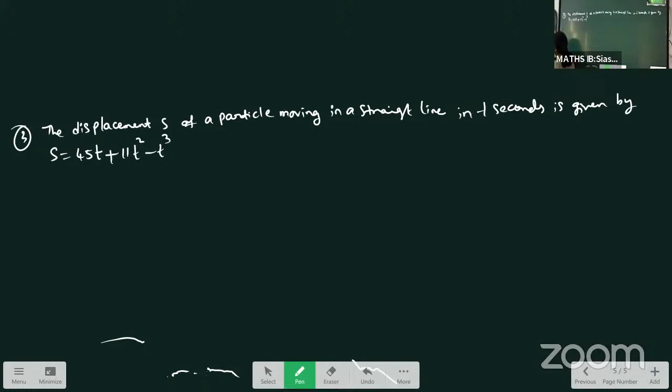Find the time when the particle comes to rest.